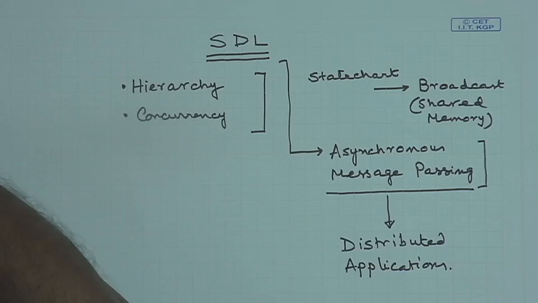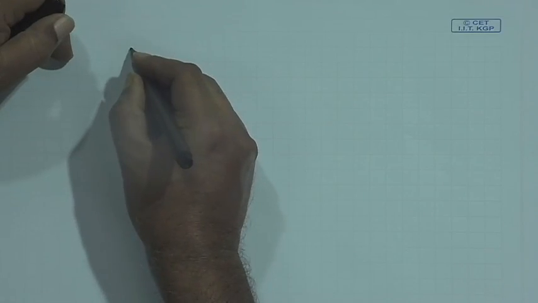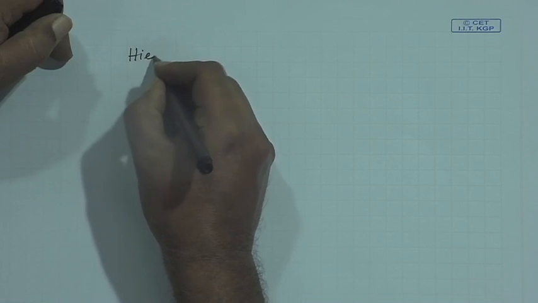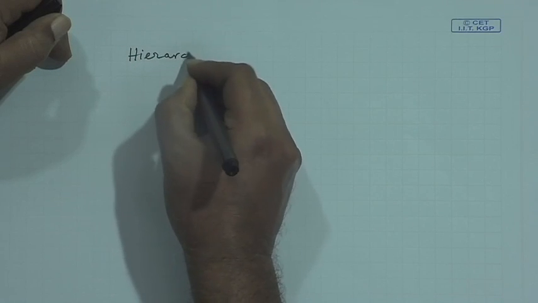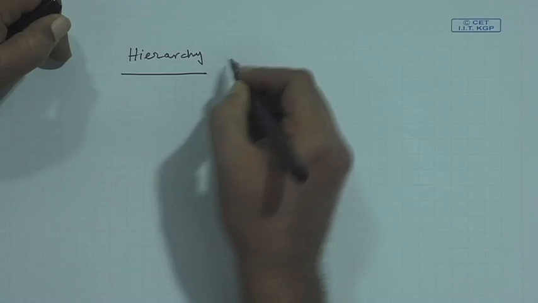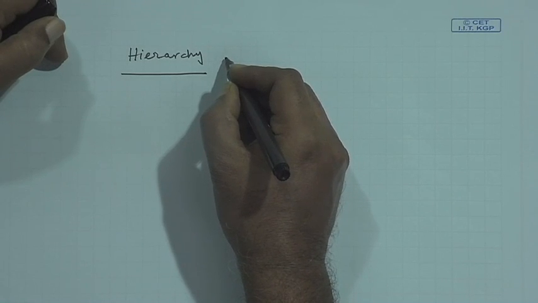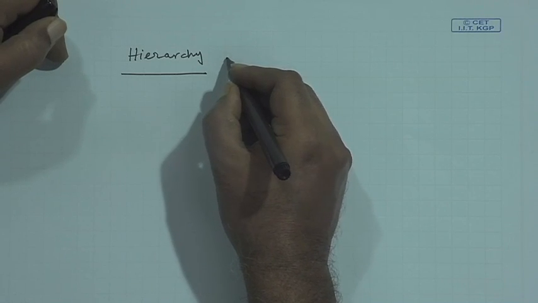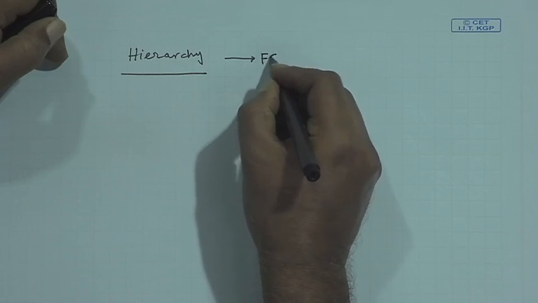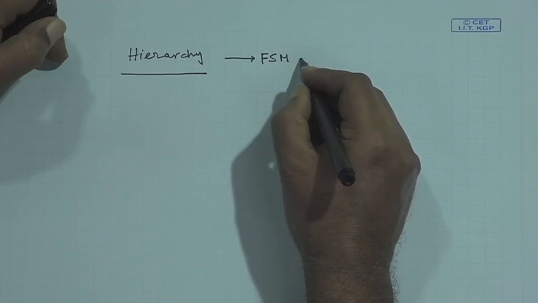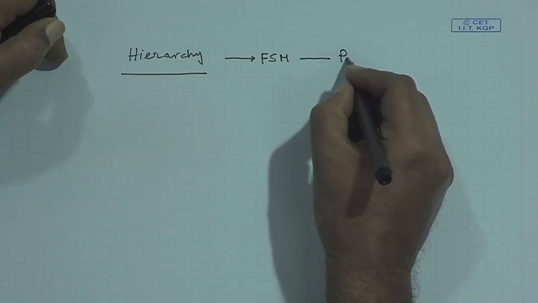So, here is an example of SDL, but before that let me just mention about the hierarchy in SDL. The hierarchy is at the lowest level. At the lowest level, we will have FSMs. Those FSMs are known as processes here.